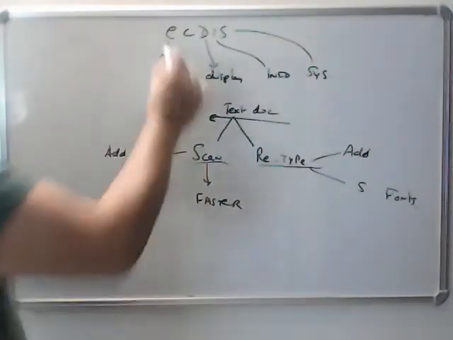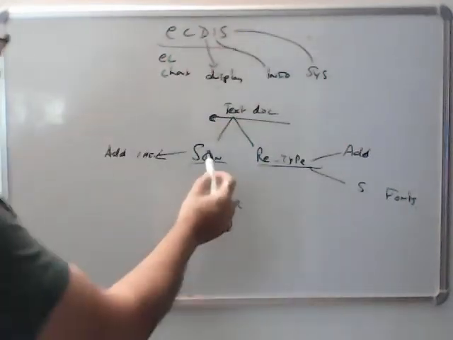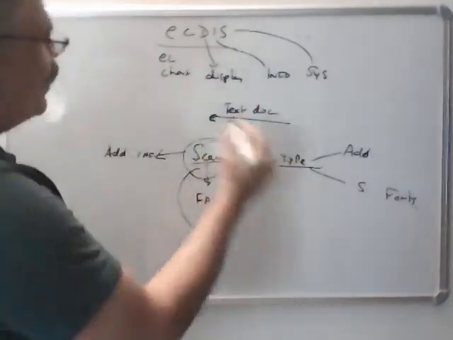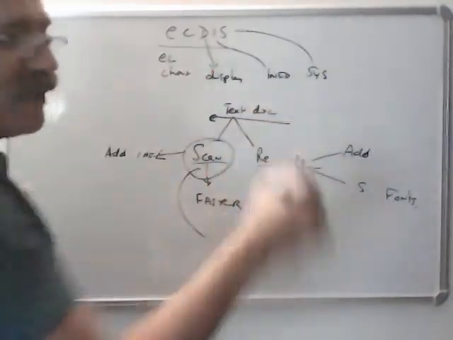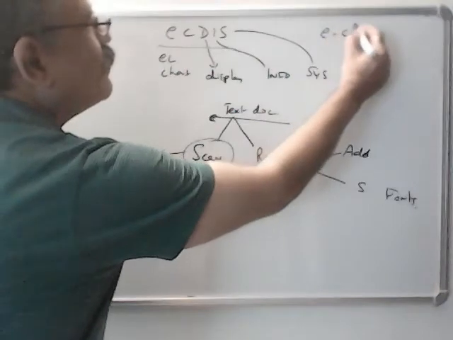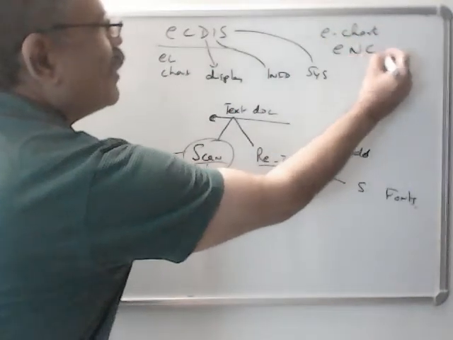Similarly, earlier ships had paper charts and we could convert those paper charts by these two methods. Either by scanning it, or by remaking it. The paper chart was converted into an electronic chart, known as electronic navigational charts.